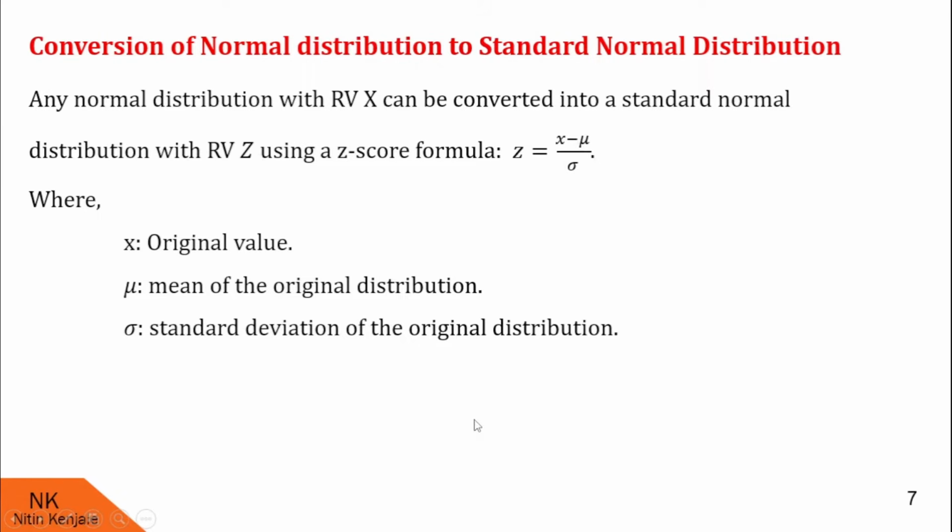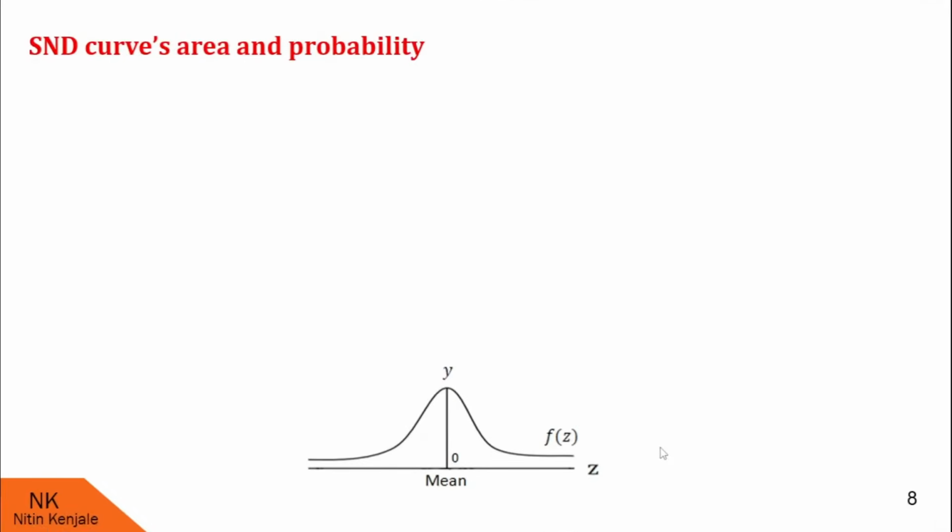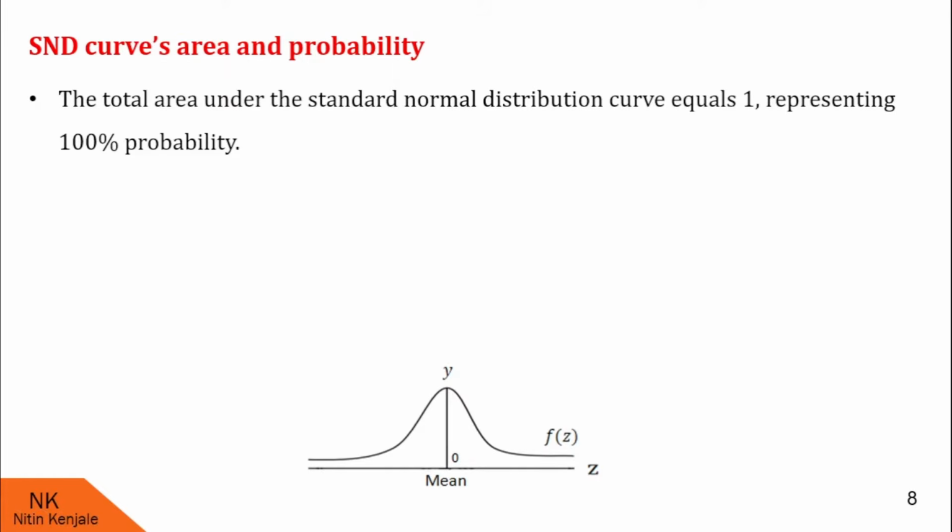Now let us see the relation between standard normal distribution curves, area and probability. You can clearly identify that this curve represents the standard normal distribution. The total area under the standard normal distribution curve is equal to 1. It represents 100% probability. We have already seen the reason for this.